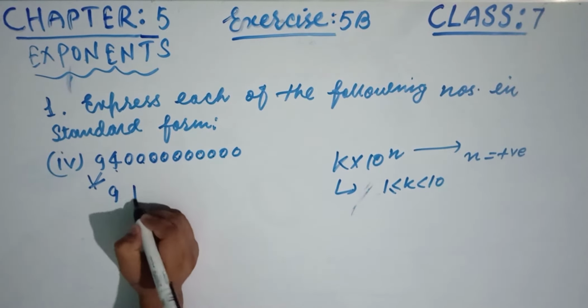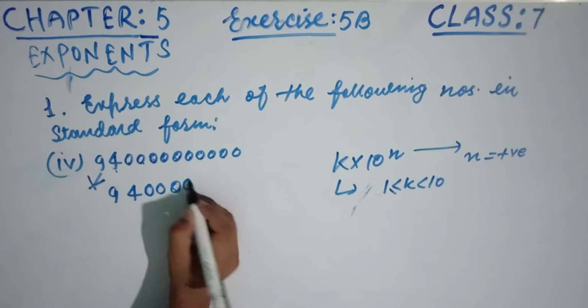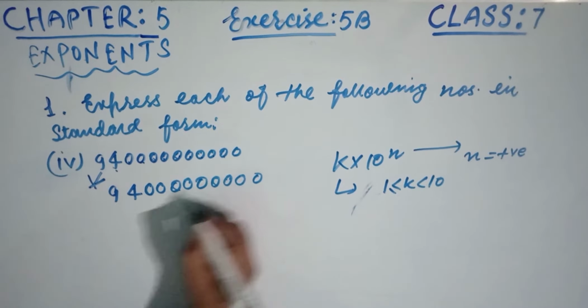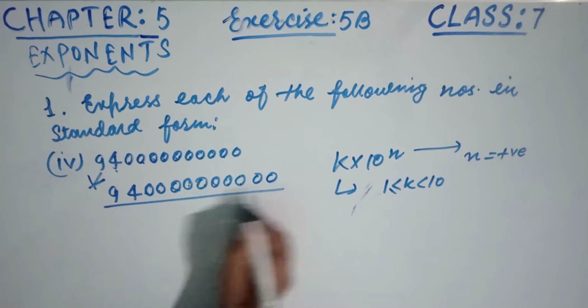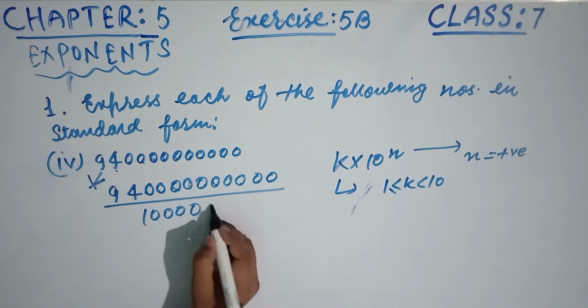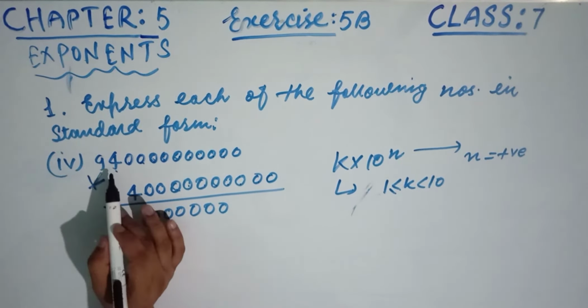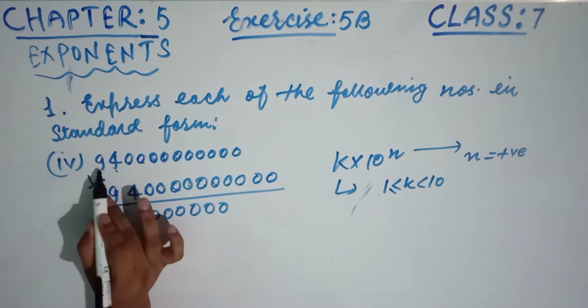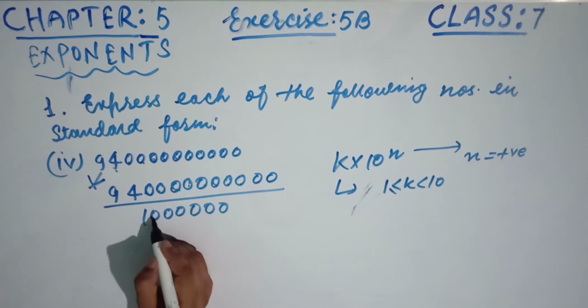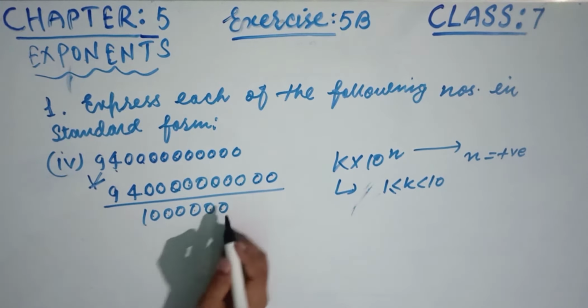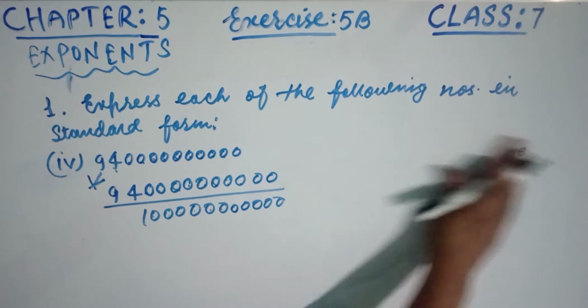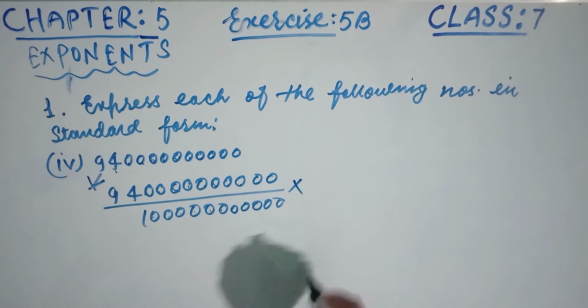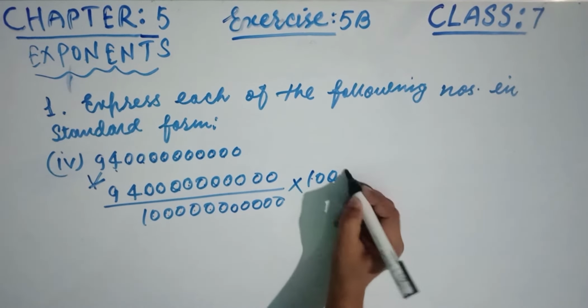So that means we write this number with 10 zeros, friends: 1 2 3 4 5 6 7 8 9 and 10. And now the digits counted except the first one are 11, so 11 zeros: 1 2 3 4 5 6 7 8 9 10 11. Now multiply with the same, friends.